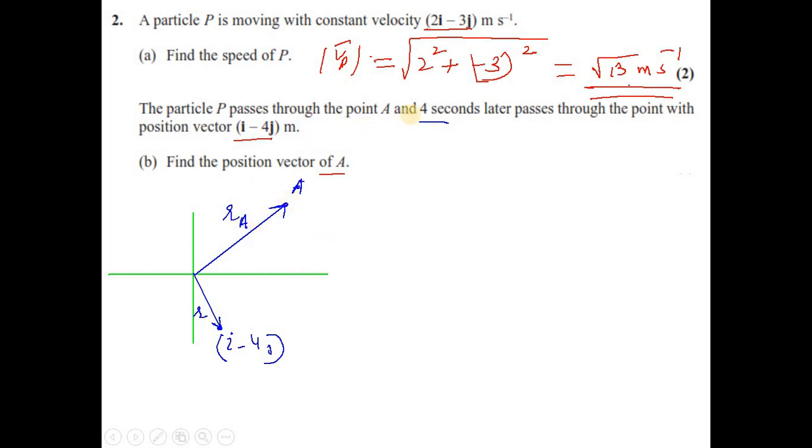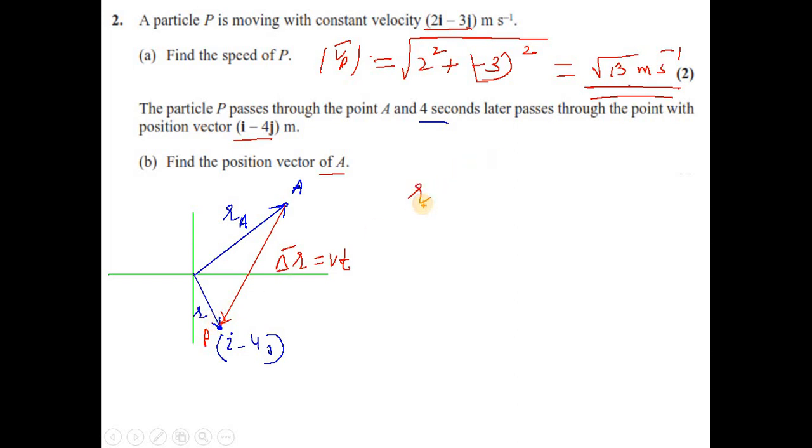Now if you see the diagram, during this 4 seconds the particle was coming in that direction, so you can think that the particle is coming from A to that point, let's call it P. So this AP is basically the change in position, delta R, which is in fact V into T. And you know that you have a relation between the position vector at t equal to 0 and the position vector at some time t.